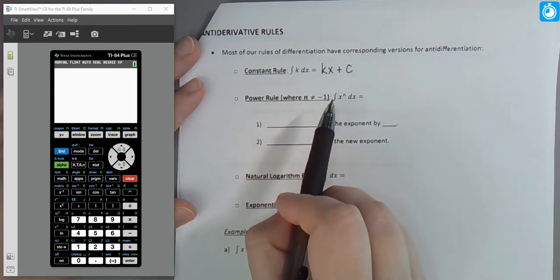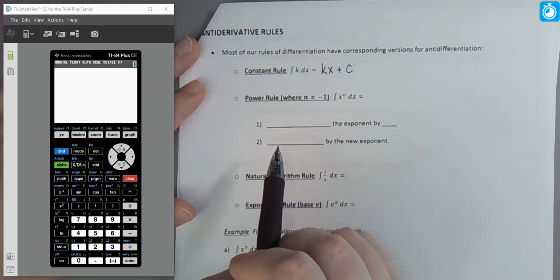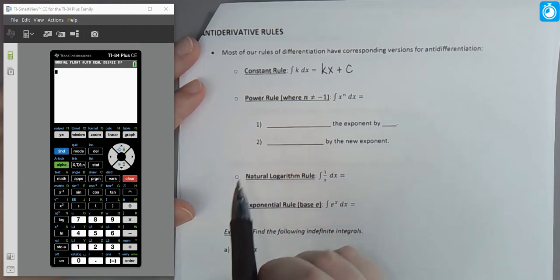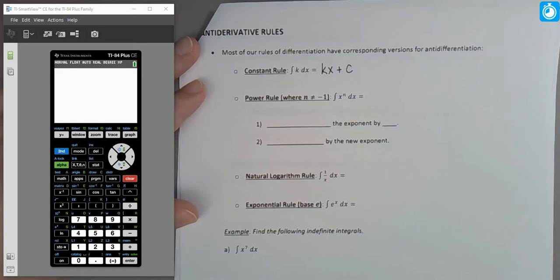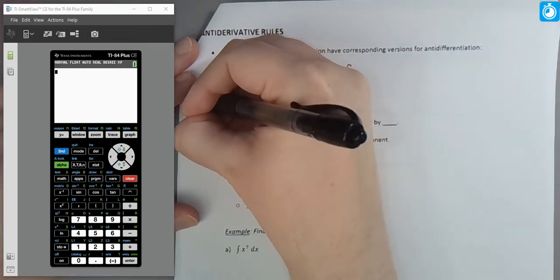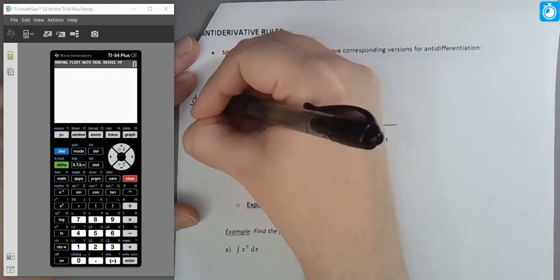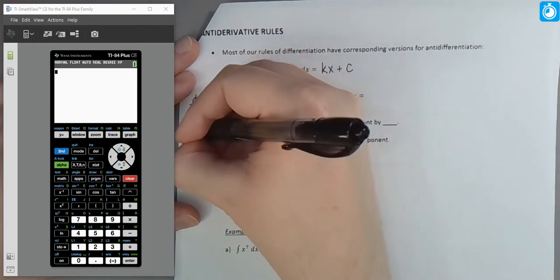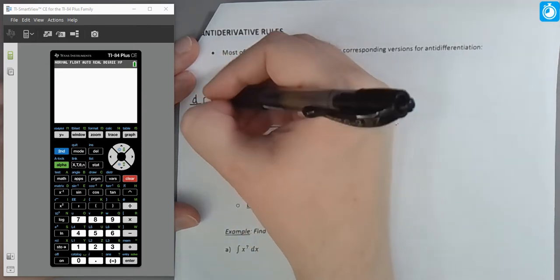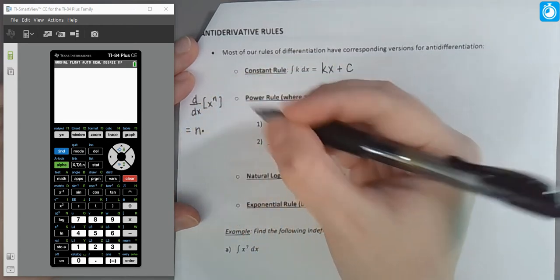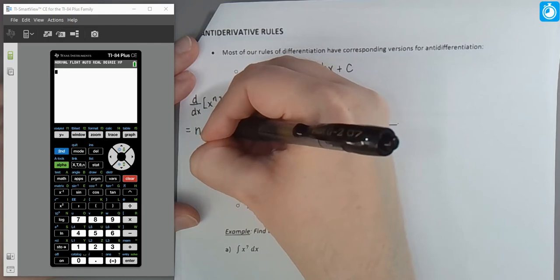Now, more generally, we also have a power rule. We have a power rule for differentiation. We have a power rule for anti-differentiation. It's going to reverse what we do when we use the power rule to take a derivative. So let's review what happens when we use the power rule to take a derivative. If we're taking the derivative with respect to x of some function that has an exponent, remember, what we do first is we bring down the exponent, it becomes a coefficient, and then we decrease the exponent by 1.